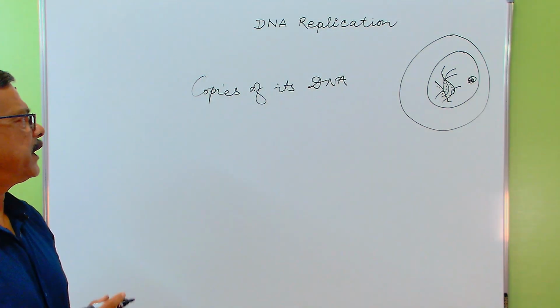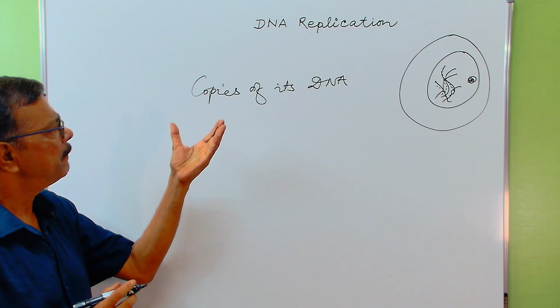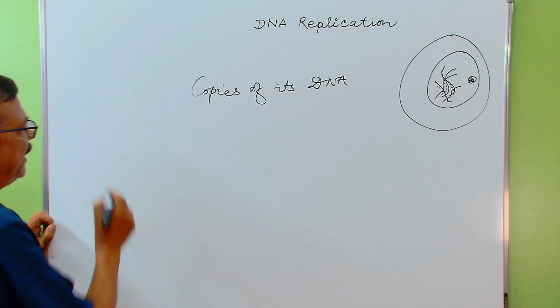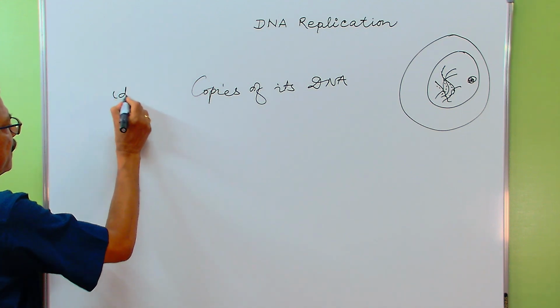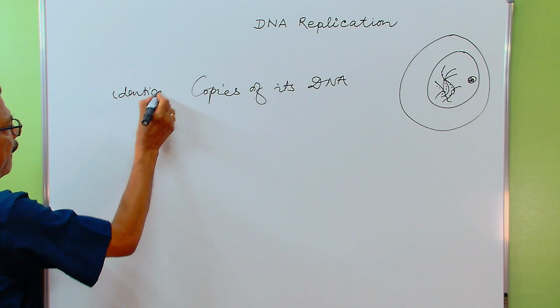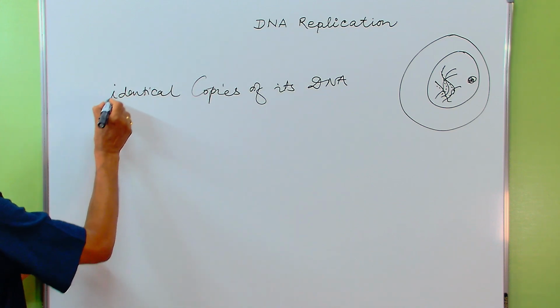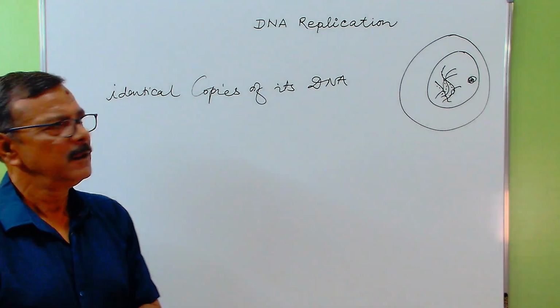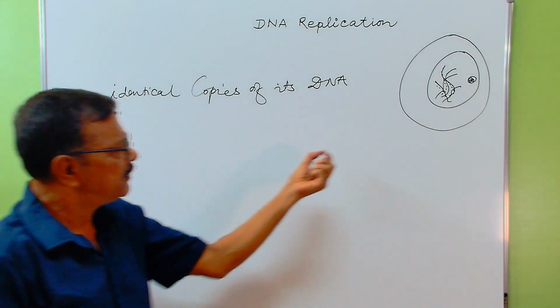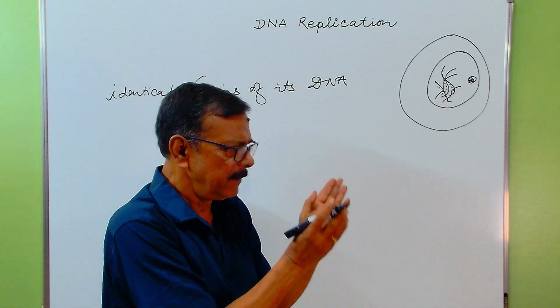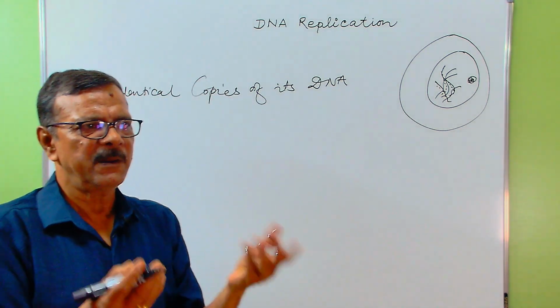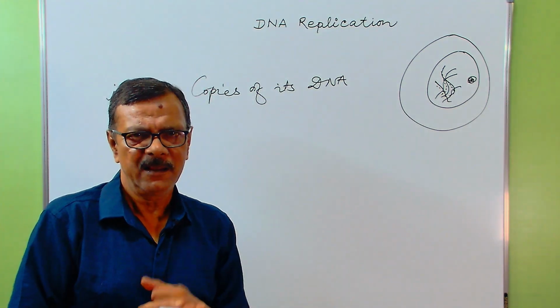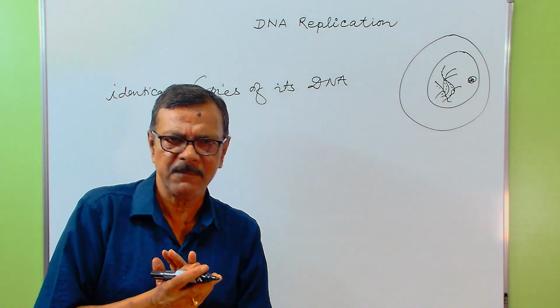Or we can say a cell makes identical copies of its DNA. Saying that DNA replication is a replication of the DNA will not serve the purpose.